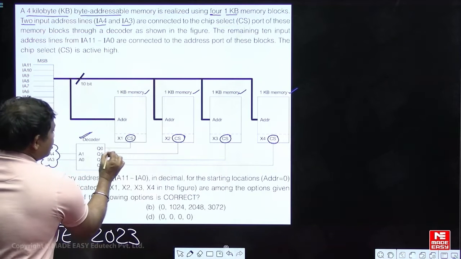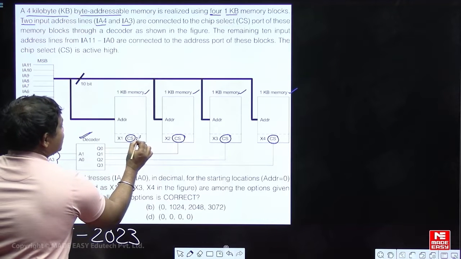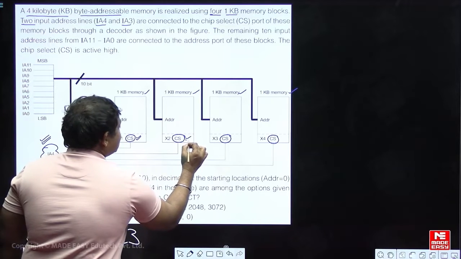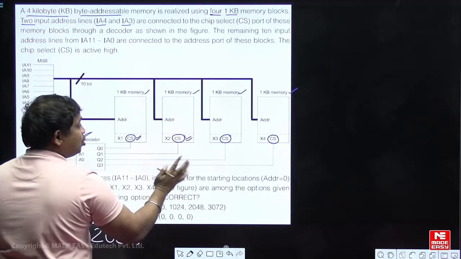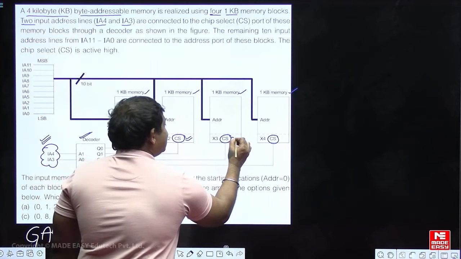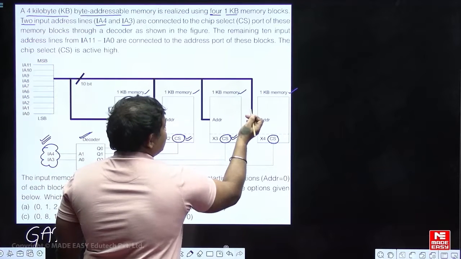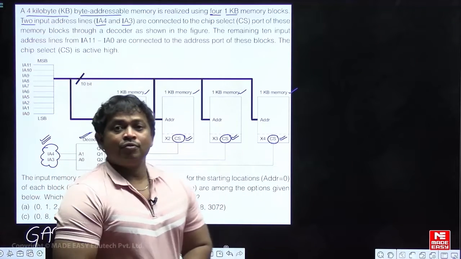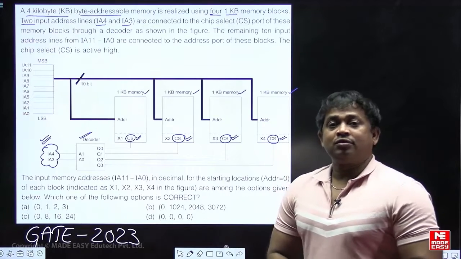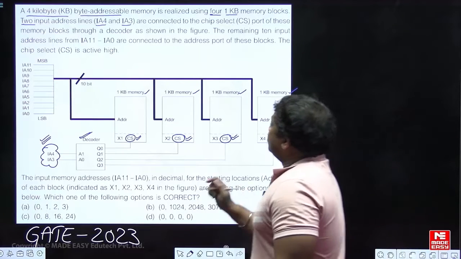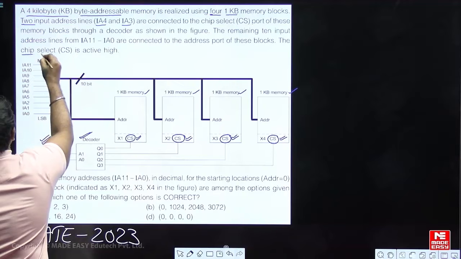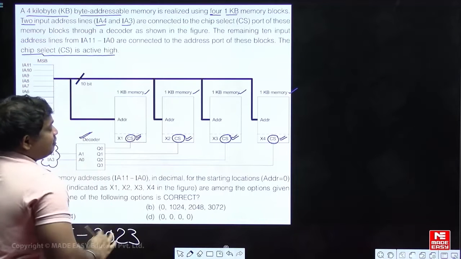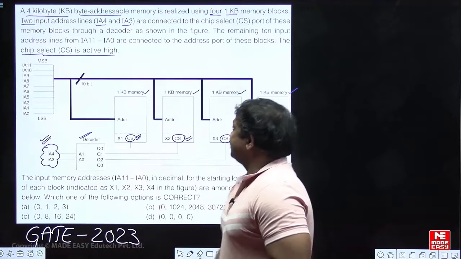That is, Q0 is connected to the chip select logic of the first 1 KB block, Q1 to the second 1 KB block, Q2 to the third 1 KB block, and similarly Q3 to the fourth 1 KB block. Also, they given that the chip select logic is active high. That means the chip select logic is enabled when the input is 1.